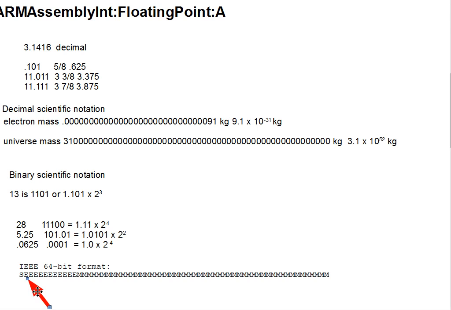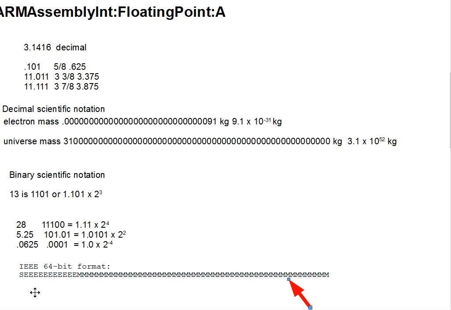This standard divides the bits of a floating point variable into 3 parts, with the number of bits per part varying by the number of bits in the entire variable. For a 64-bit variable, which is the most common, for instance a C double, the parts are a sign bit, then 11 exponent bits, and then 52 mantissa bits. Quite a lot devoted to the mantissa.